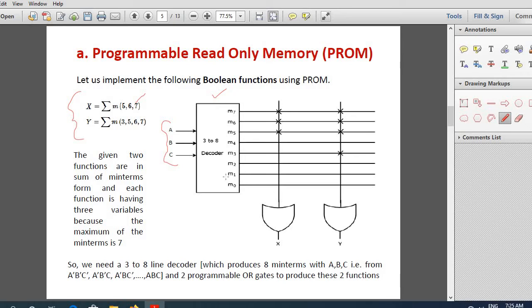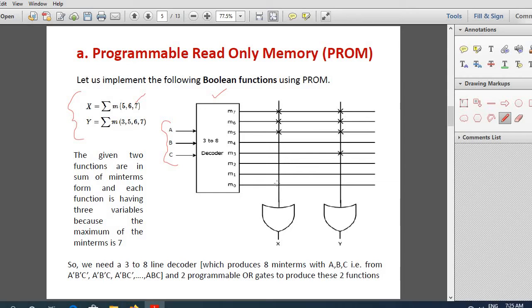Inside this there is no fusible link. Like the connection between A, B, C and your AND gates, inside this there is nothing that can be changed. It is fixed. It definitely produces all these terms. But the outputs of these, that is the product terms, are taken out and connected to 2 OR gates here. These connections are fusible.